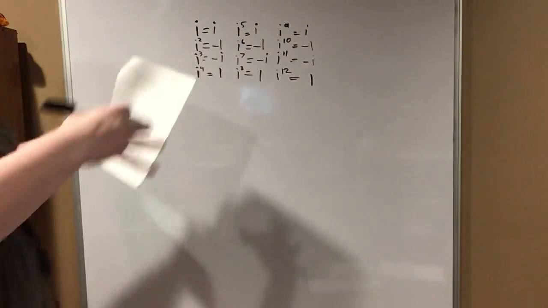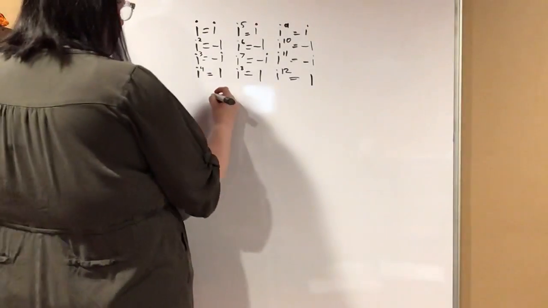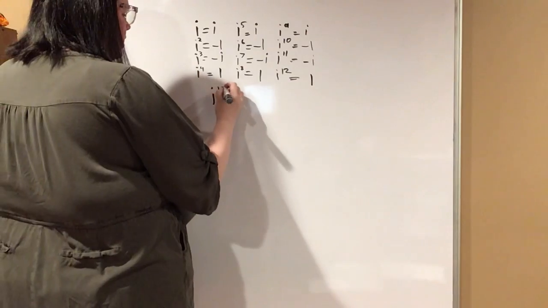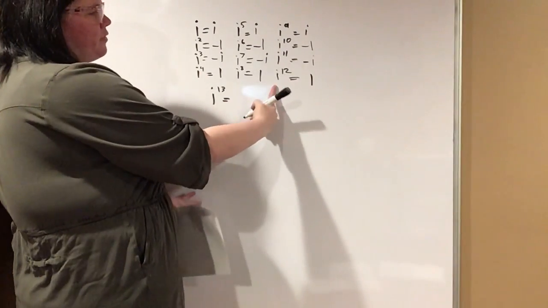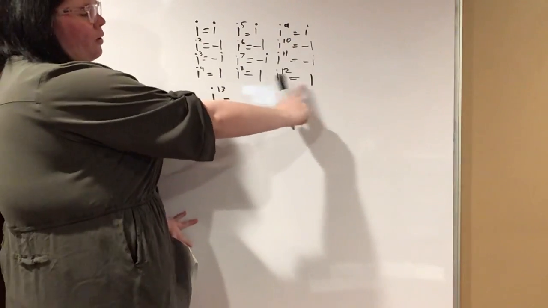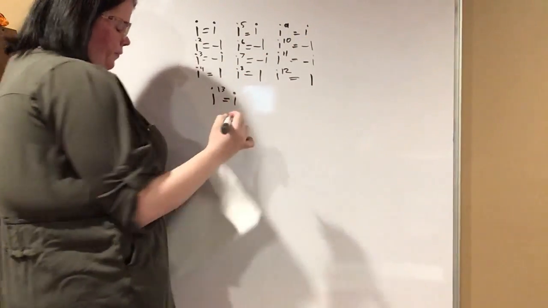So we have this pattern. If we're given i to the 13th, that's easy, because we know that i to the 12th is 1, so coming up, it would be i.